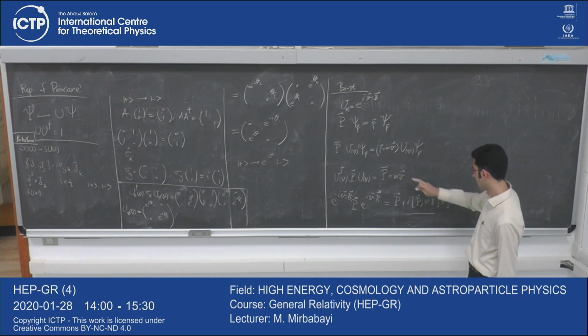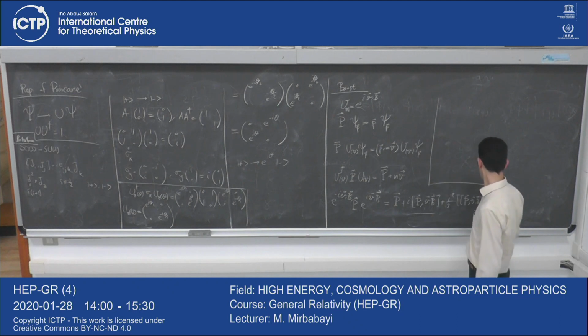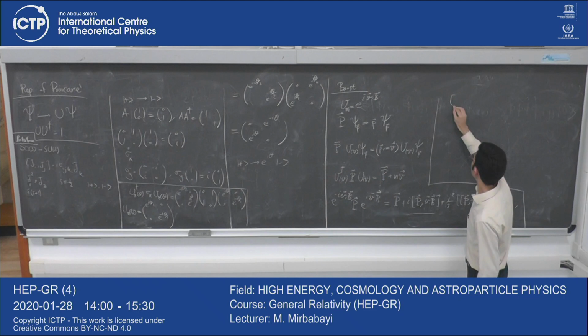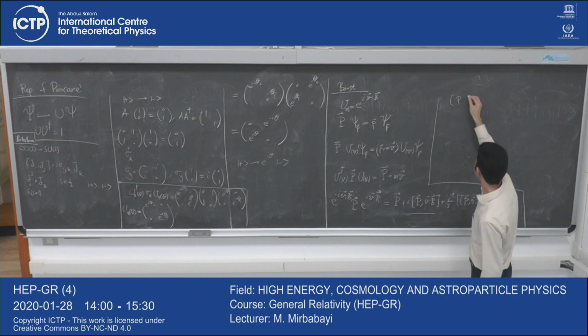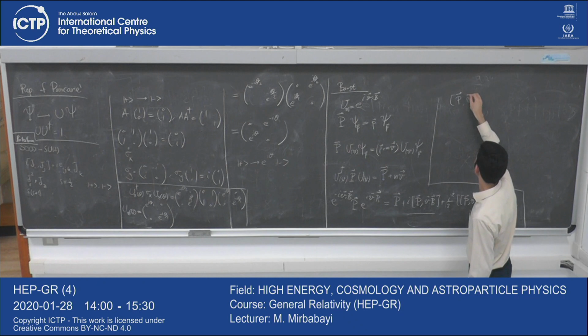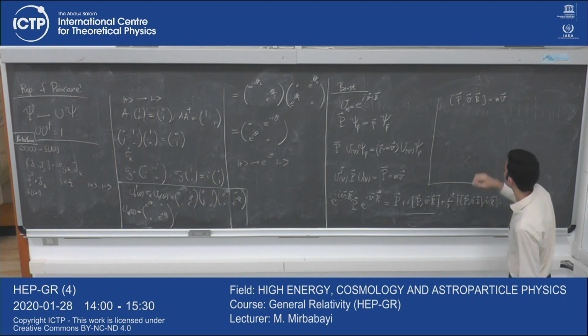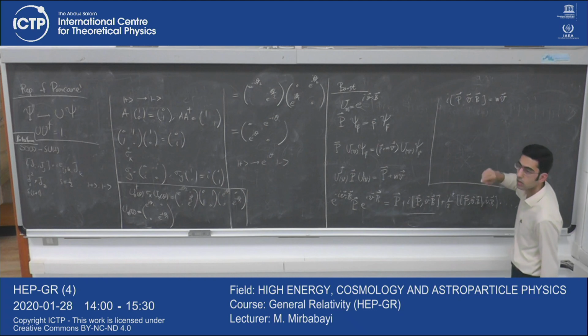By comparison of these two terms, we conclude that the commutator of P and v dot B has to be equal to m v, with also a factor of i.